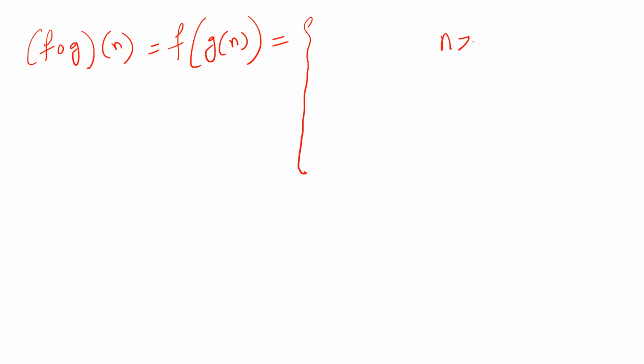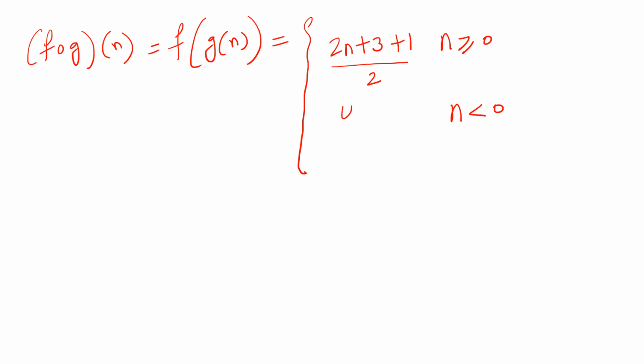Now when n is greater than or equal to 0, then g of n is 2n plus 3, which is clearly a positive odd number. Now students, this value 2n plus 3, we will have to put as n in the first branch of f of n. That means now the expression will become (2n plus 3 plus 1) whole divided by 2. And similarly, when n is less than 0, then g of n is minus 2n, which is clearly a positive even number. Now this value minus 2n we will have to put as n in the second branch of f of n.